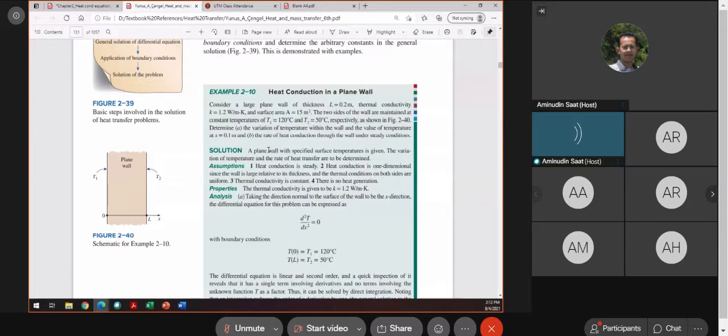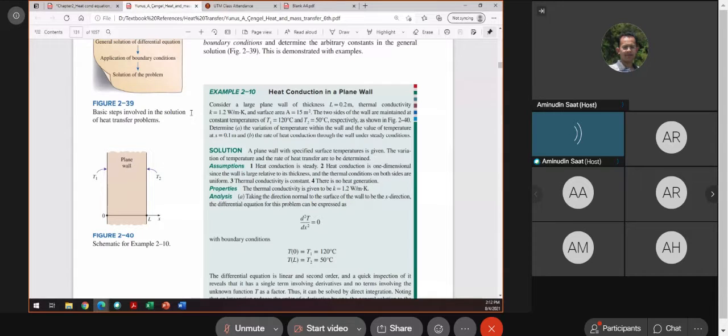So try to use these ebooks. If you have a hard copy, it is much better, but if you don't plan to have one, then please have the soft copy and read it truly, so that you can understand the example, because most of the examples are taken from this textbook. This is the example.